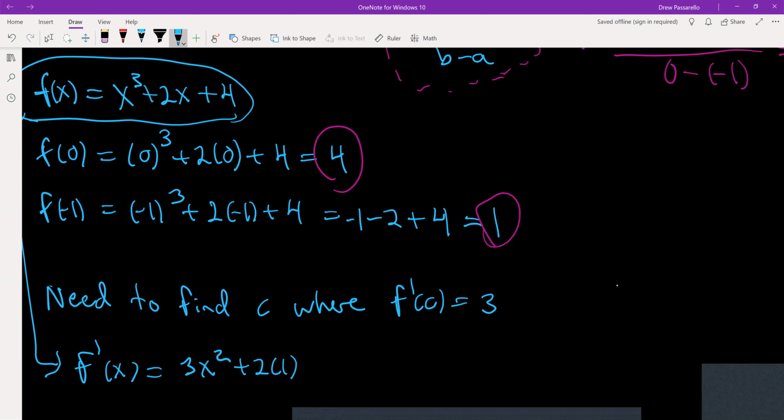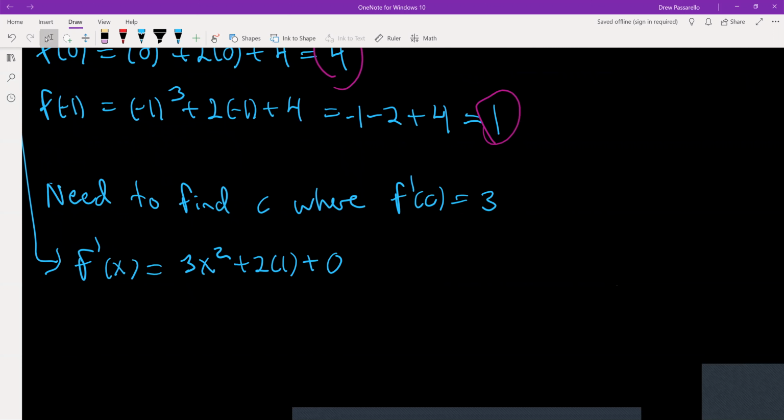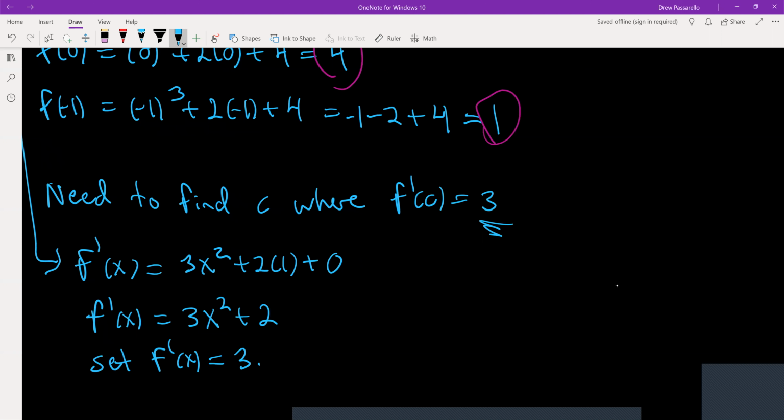Derivative of 4 is 0 because that's a constant. So the derivative is 3x squared plus 2. All right, so then we set that equal to 3. So set the derivative equal to 3, and then solve for x.